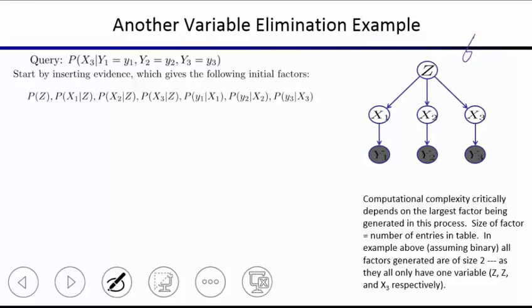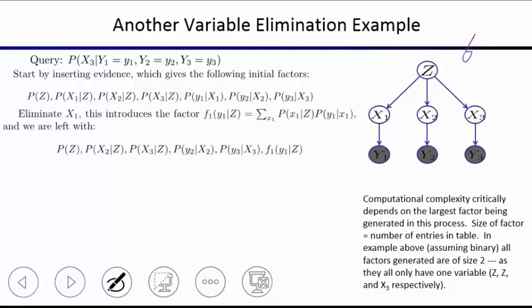And now we start eliminating in some ordering, right? So if we first eliminate x1, what effectively happens is we compute a factor f1, which is the sum over all values x1 can take on of the join of all factors that involve x1. We get this set of factors over here.